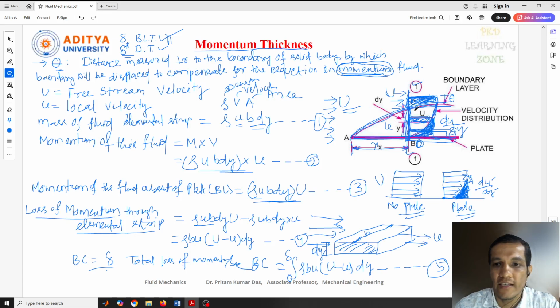So let's consider theta, the distance by which the plate is displaced, with the fluid flowing at the free stream velocity.